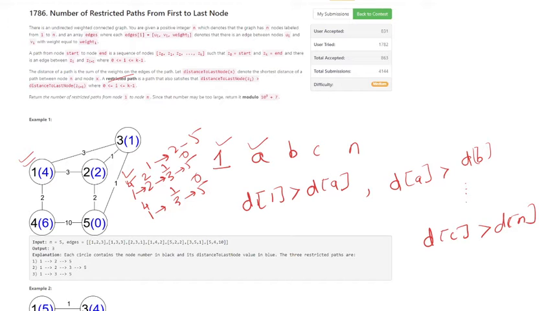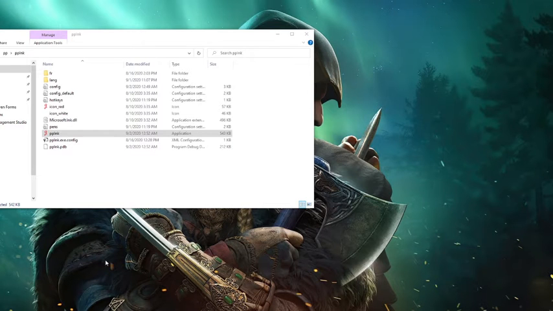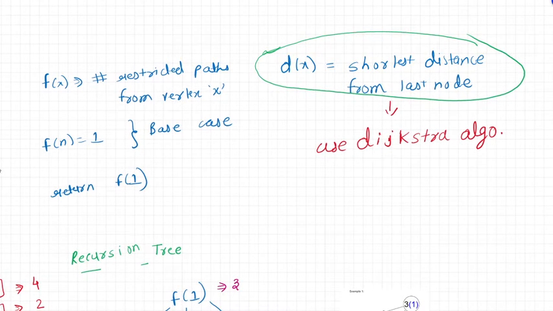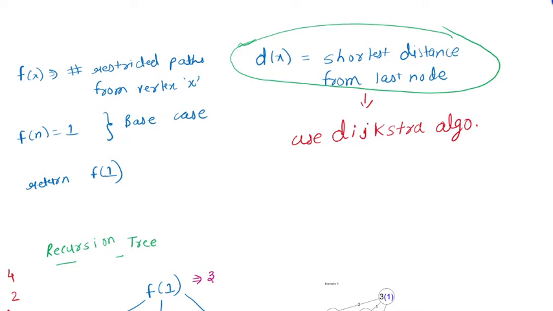Okay, let me switch back to a whiteboard. As we defined earlier, what is d of x? You may call it d of x or dist of x, whichever is good for you. It is the shortest distance from the last node.